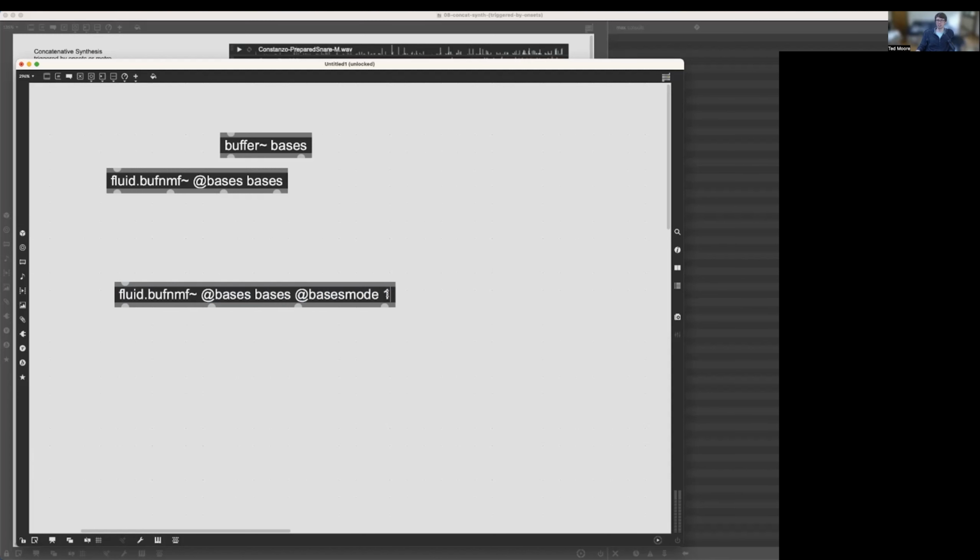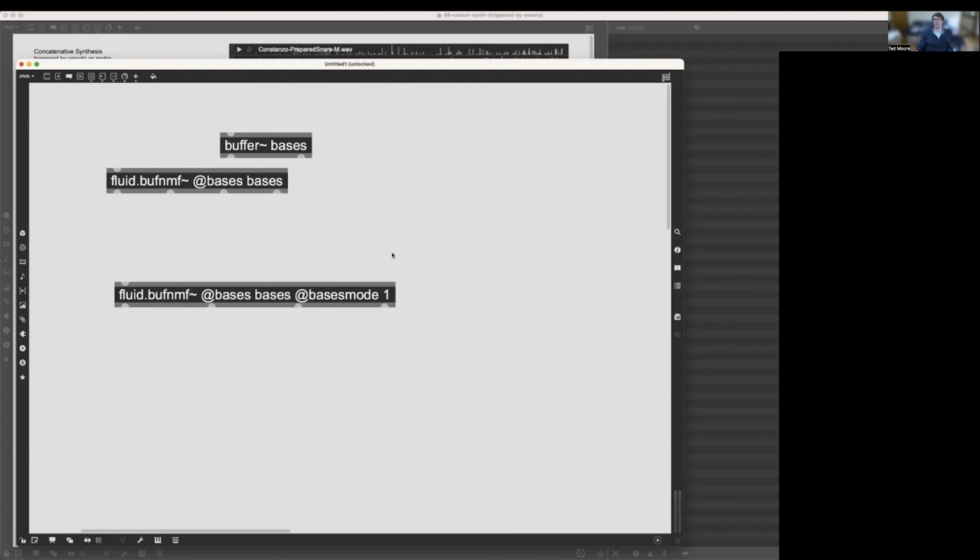If bases mode is 0, which is the default, whatever's in this buffer, even if I have seeds in there, will be erased and replaced with random values, and then buf NMF will do its thing because it'll seed the bases buffer with randomization. But this will say, don't randomize bases, just start from this template that I've given you and then do the process, do NMF.